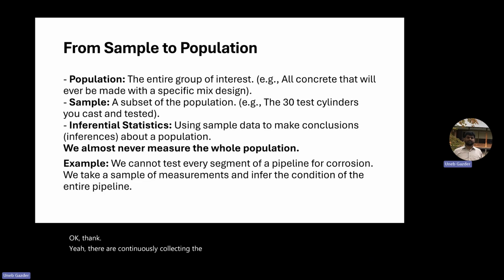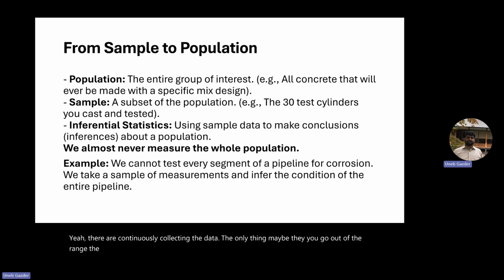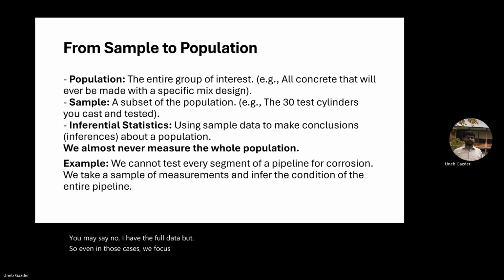Only maybe when you go out of range, the signal drops, or the phone switches off. Otherwise, they are continuously collecting the data. But again, you cannot use the entire data set, even in that case. You may say, I have the full data, but you don't. So even in those cases, we focus on a sample.